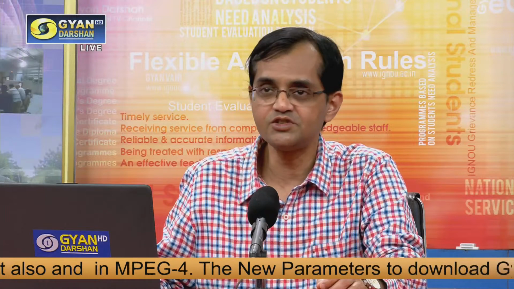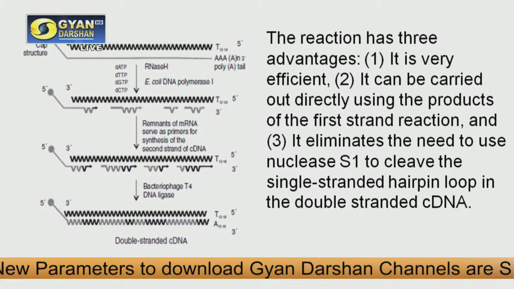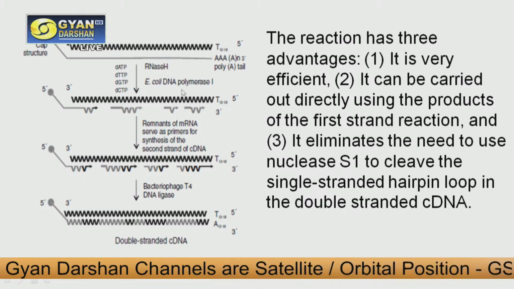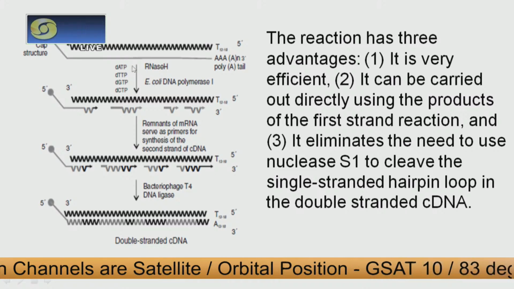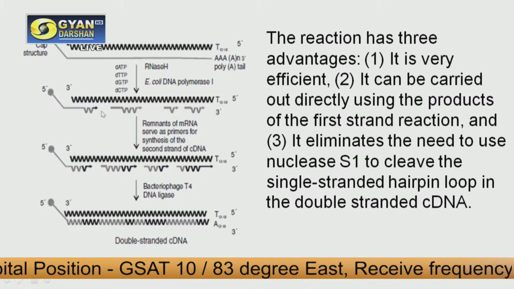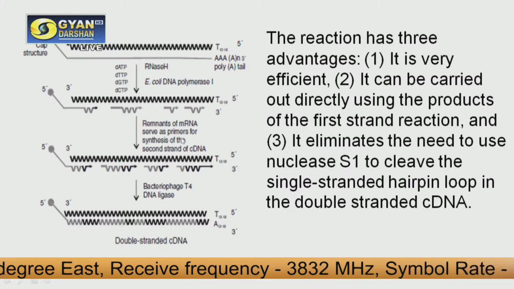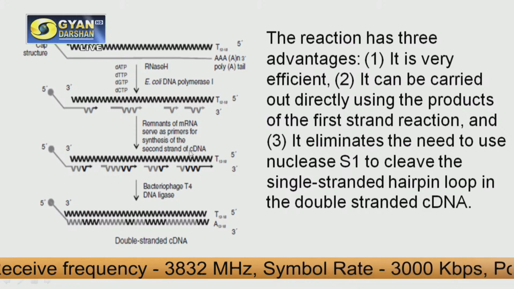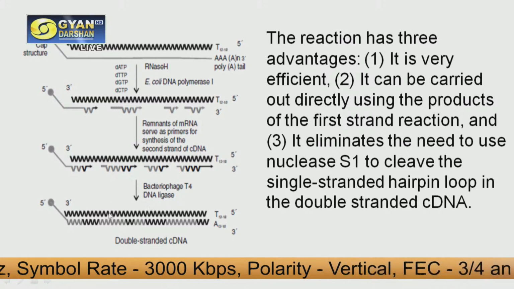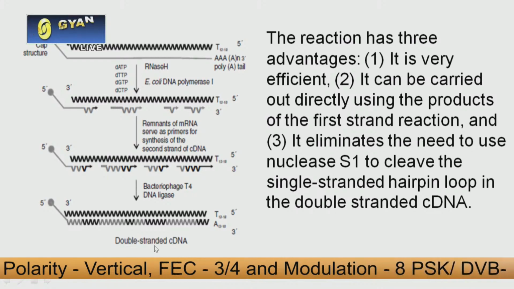Again, if you see the picture carefully, here you are adding the RNase H, and this is the E. coli DNA polymerase I. You are adding all the dNTPs, and the nicks are being produced. The remnants of mRNA serve as primers for the synthesis of the second strand of cDNA. And then using the ligase, there is the joining, and you finally get a double-stranded cDNA.